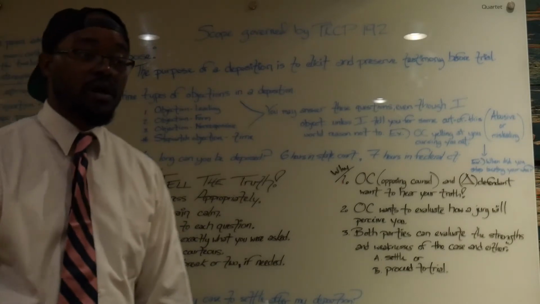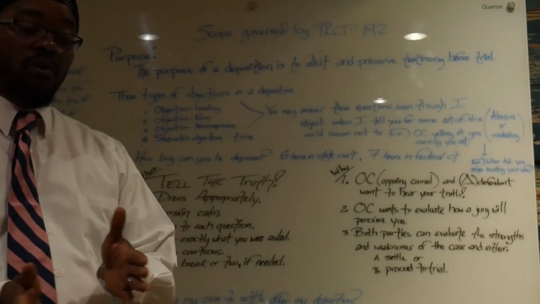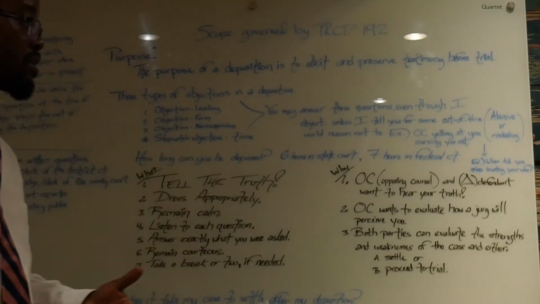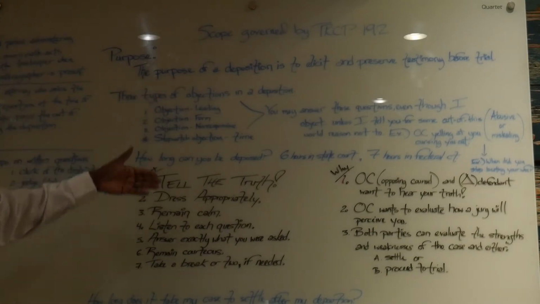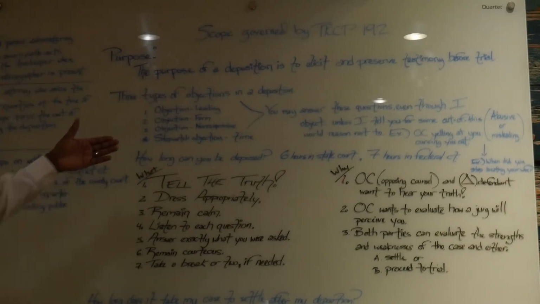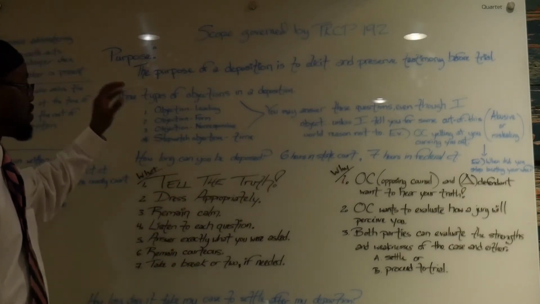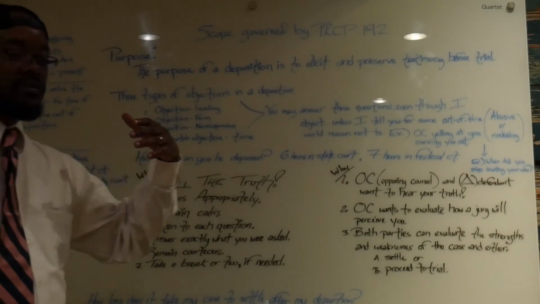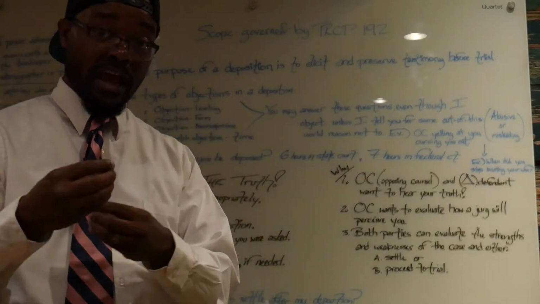There's also another objection, a stopwatch objection, if you go over the time. Basically, you don't really necessarily need to know what all these mean, but I will break it down for you to a certain extent. Objection leading is if the opposing counsel is saying something where they're trying to get some type of desired effect.